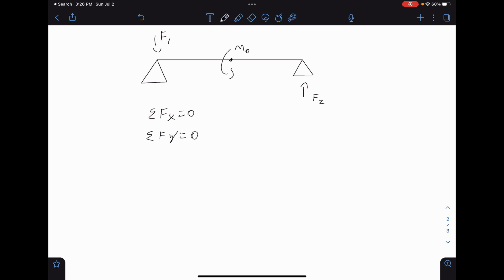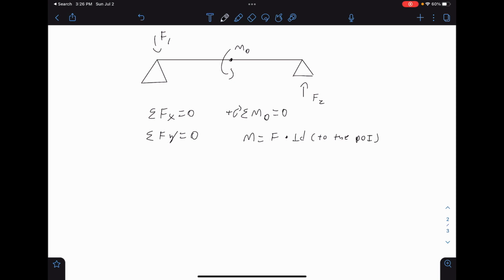And we also say that the sum of the moments is equal to zero on a rigid body in equilibrium. And we said a moment was defined as the force multiplied by the perpendicular distance to the point of interest.